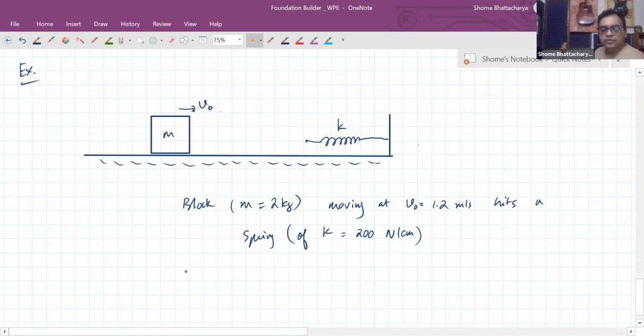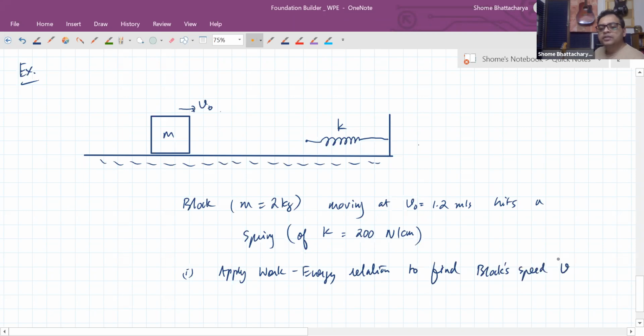So first of all, apply the work energy relation to find the block's speed v as a function of the spring's compression x.